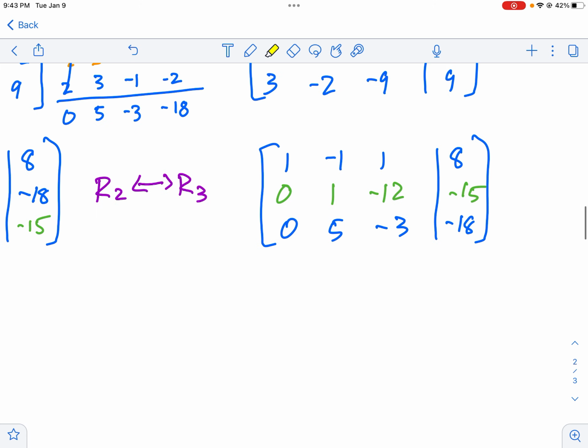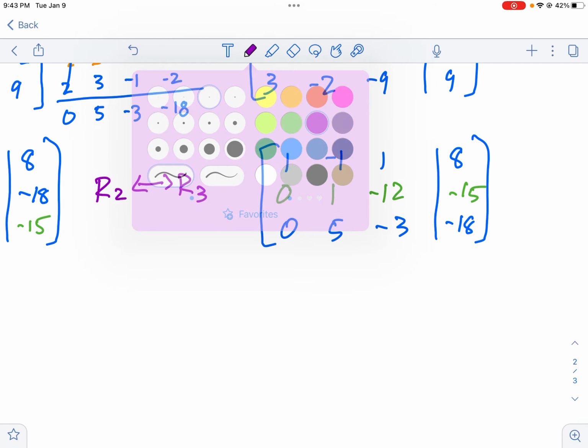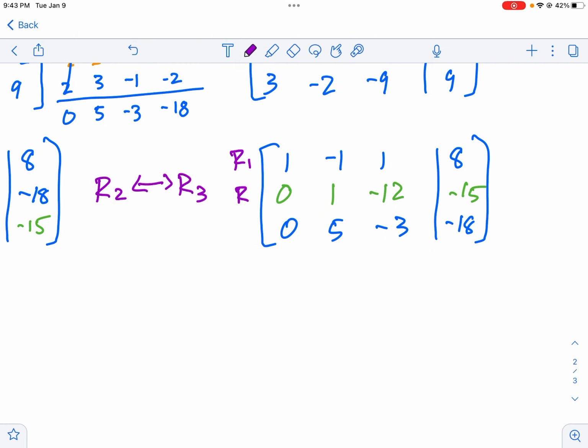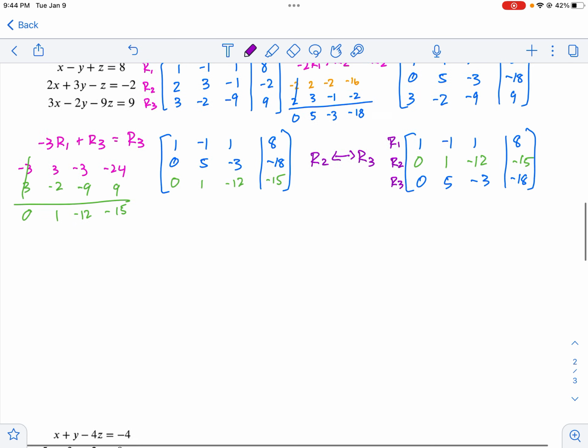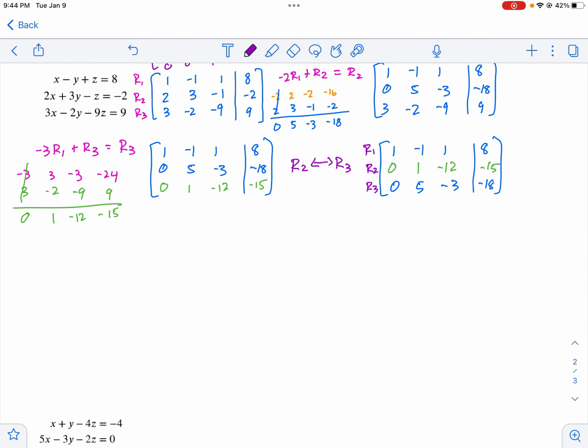So when I flip them, this is row 1, this is row 2, this is row 3 now. So I'm going to use this one to knock out that one. And I can do that by saying -5 times row 2 plus row 3. And I'm going to put that in row 3. So it's going to look like this. So row 1 and row 2 are not going to change. Row 3 is going to change.